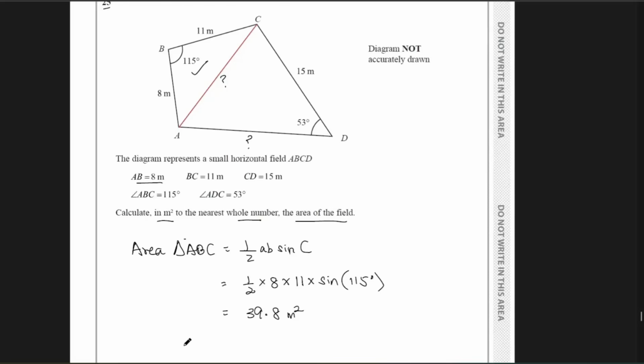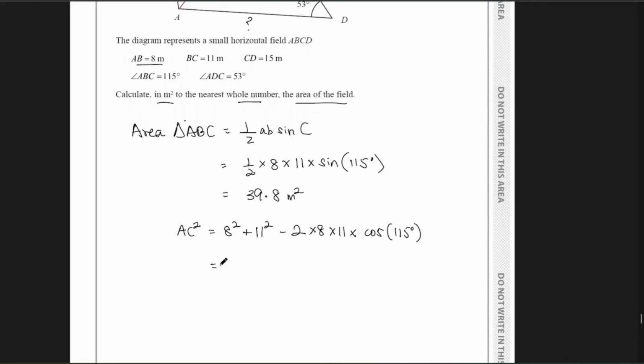So the opposite side, AC squared, is equal to the sum of the squares of adjacent sides, 8 squared plus 11 squared, minus 2 times the product of adjacent sides, 8 times 11 times cos the angle, which is 115 degrees. That's the cosine rule. AC squared is equal to 259.38. So AC would be equal to square root of 259.38. So we have the answer for AC.